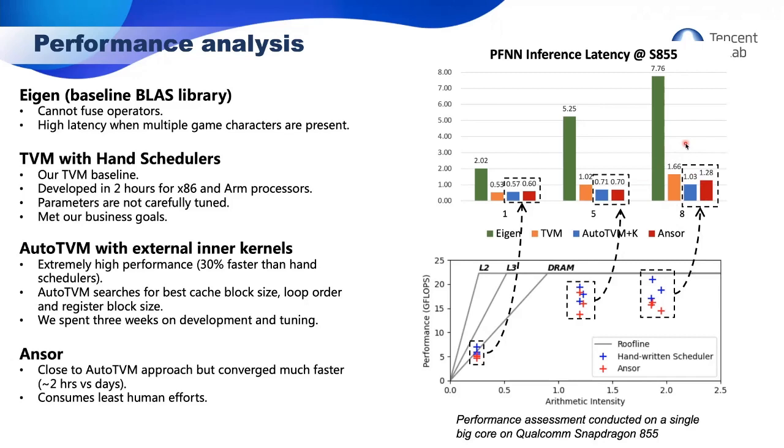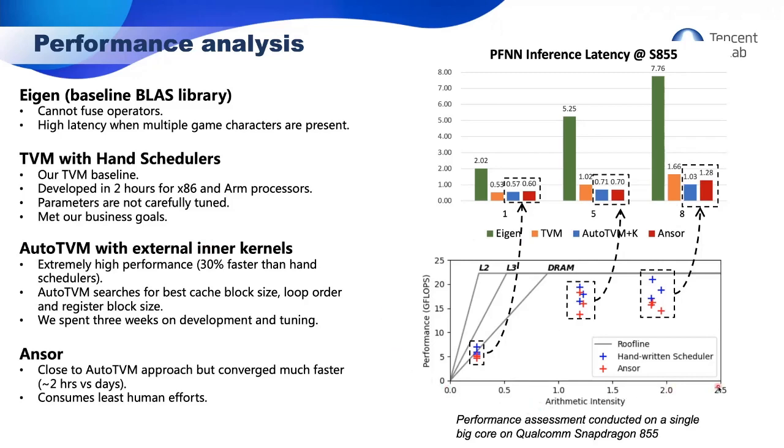We are satisfied. For the next approach, it is AutoTVM tuning with handwritten kernels. This approach achieved extremely high performance, which is 30% faster than our hand-tuned schedulers. Below is the roofline chart.